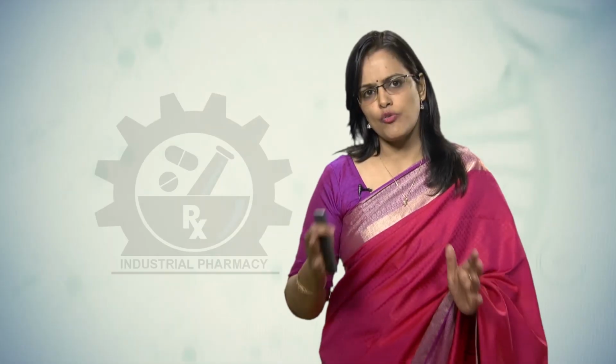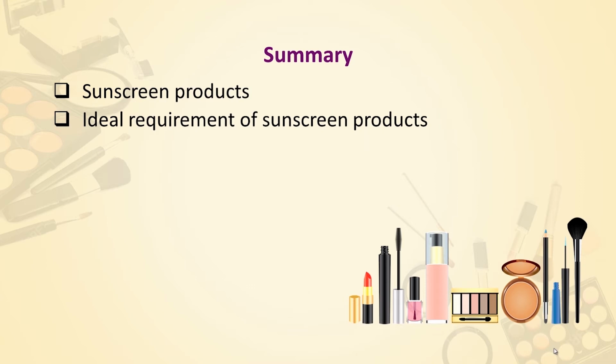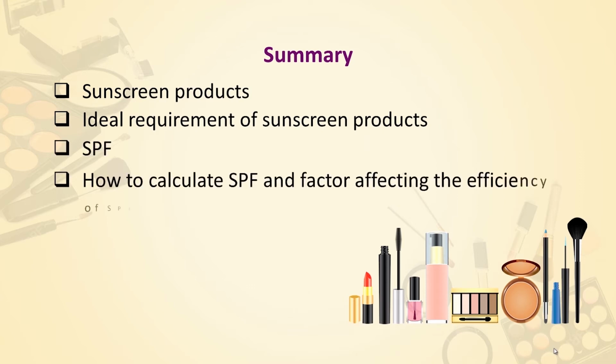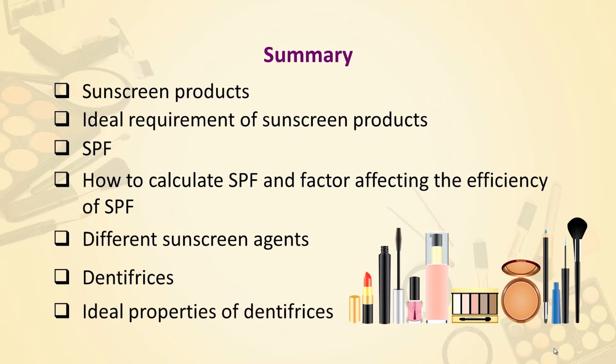So, dear learners, so far in this module we have discussed sunscreen products, the ideal requirements of sunscreen products, SPF and how to calculate SPF, factors affecting the efficiency of sun protection factor, different sunscreen agents, what dentifrices are, and the ideal properties of dentifrices.